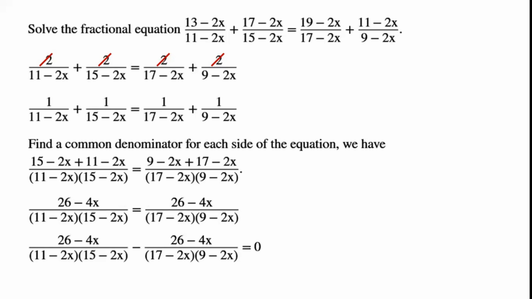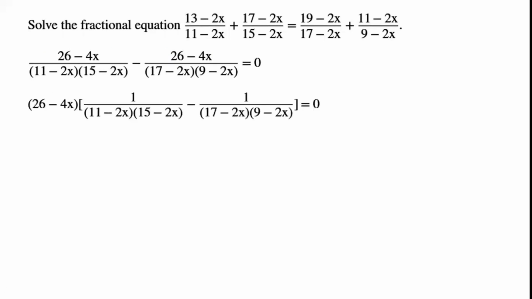By rearranging the equation, we can now write (26 - 4x) over (11 - 2x)(15 - 2x) minus (26 - 4x) over (17 - 2x)(9 - 2x) equals 0.